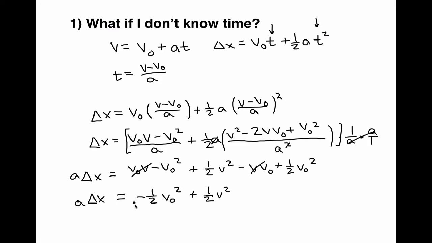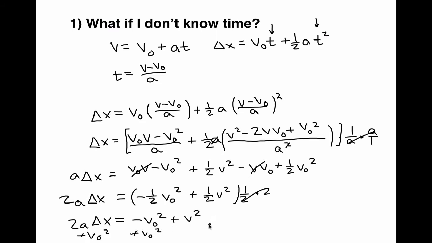If I factor out a 1/2 on this side, and then I multiply both sides by 2, I'll have an equation that looks like this, and I'm almost done. And then if I add v naught squared to both sides, I get a very useful equation.